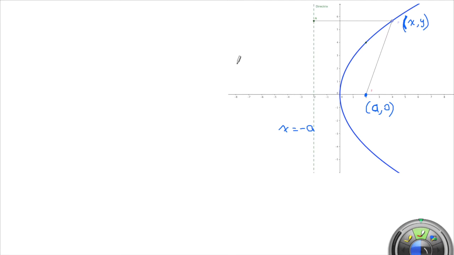Alright, so the idea here is that this coordinate up here is going to have an x-coordinate of negative a because it's on the directrix, and a y-coordinate of y because that's how high this point is all the way across. So if I find the distance between these 2 points and set it equal to the distance between these 2 points, we should come up with the formula of the parabola.